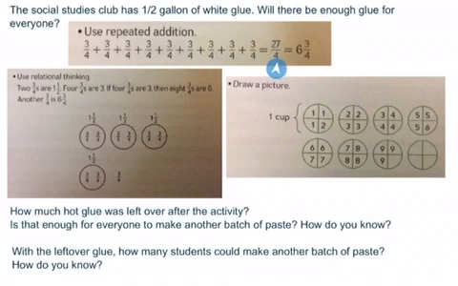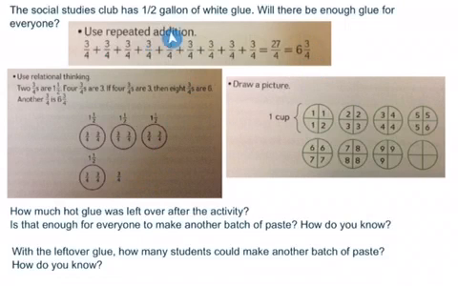That's the improper fraction. To convert that to a mixed number, how many 4s go in 27? Well, 6 full ones with 3/4 left over. So 6 3/4 cups is what I need in order to make the paper mache, for everyone to be able to make the paper mache, okay?